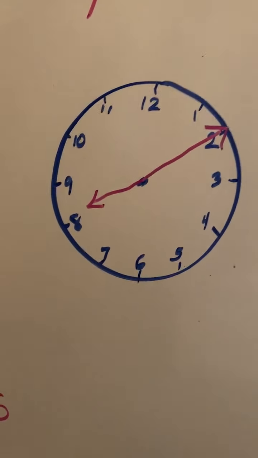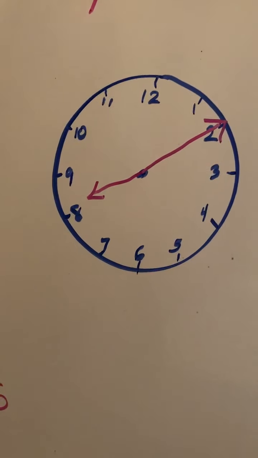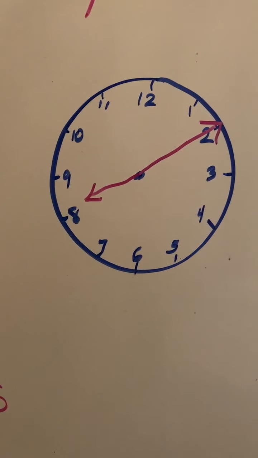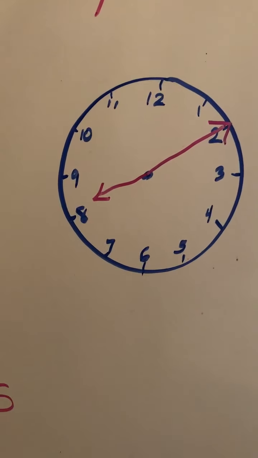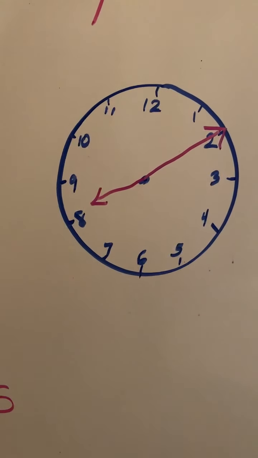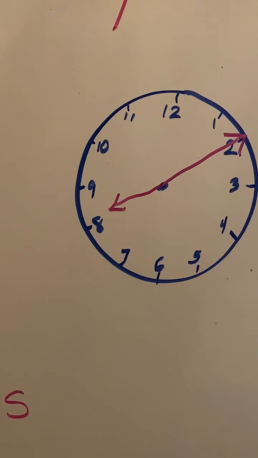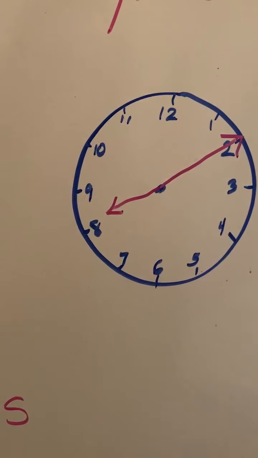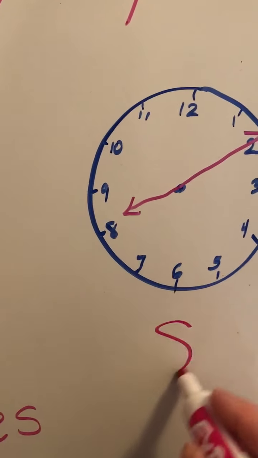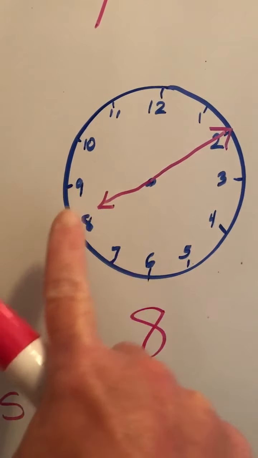All right, I have a little clock here. I'm going to give you just a few seconds and see if you can tell me what time is on this clock. Okay, I hope you looked at your hour hand first. Your hour hand is the what hand, long or short? It's your short hand. What hour is the short hand pointing to? It is the 8. If it's anywhere at the 8 or past the 8, the hour is 8.